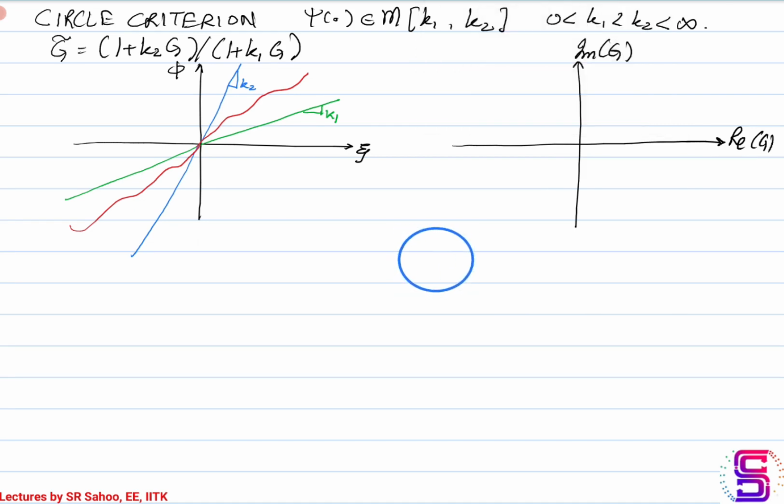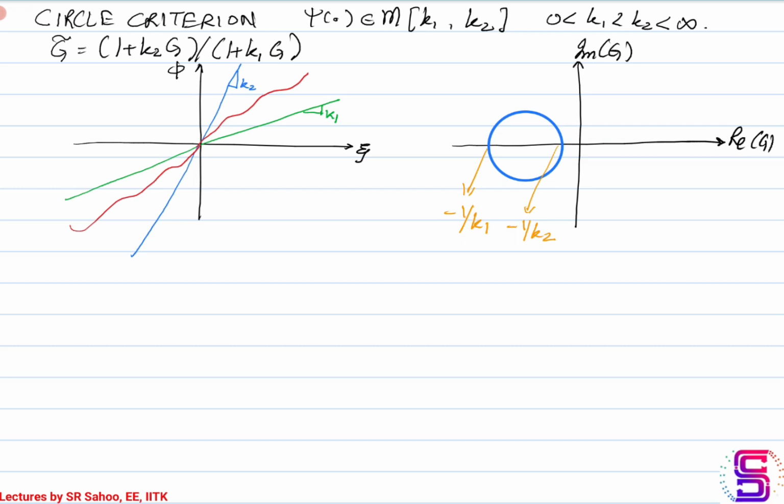So let's say this is the circle, and the endpoints here are essentially -1 by k2 and -1 by k1. This is the circle.